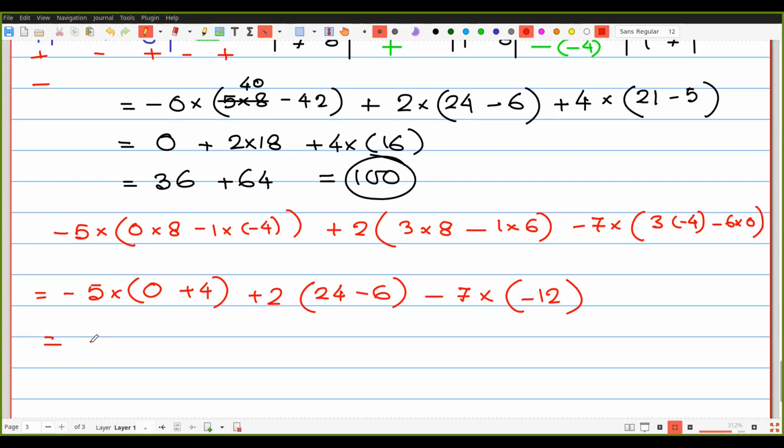Okay, so that one is now minus 20. That one is 2 into 18, that means 36, plus 84, because minus of minus plus 84. So the result is 1 minus 20 plus 120. That means 100.